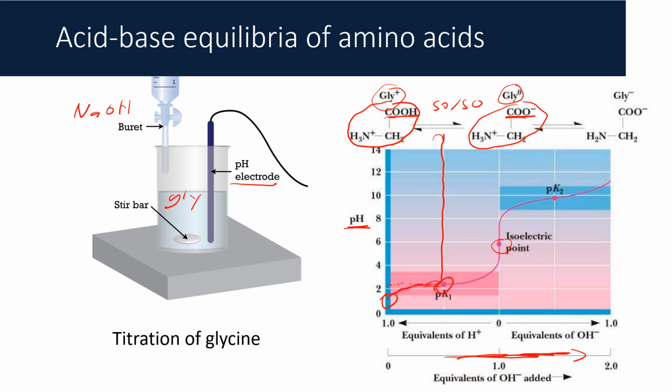And when we reach this point where the net charge of our amino acid or protein is neutral, we call that the isoelectric point. And this is an important concept, particularly for proteins, because once the net charge of a protein becomes neutral, the solubility of that protein takes a pretty big hit.